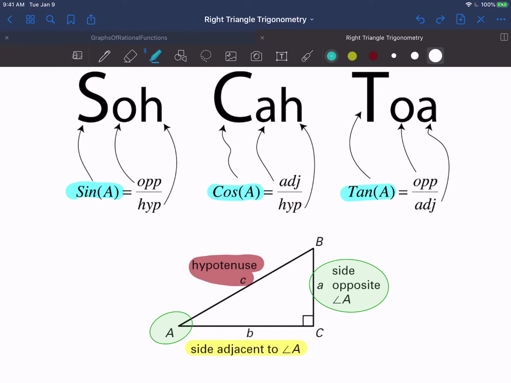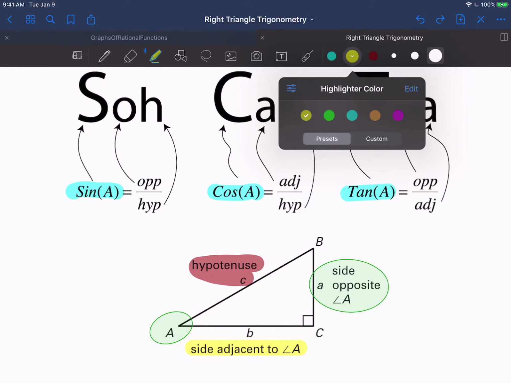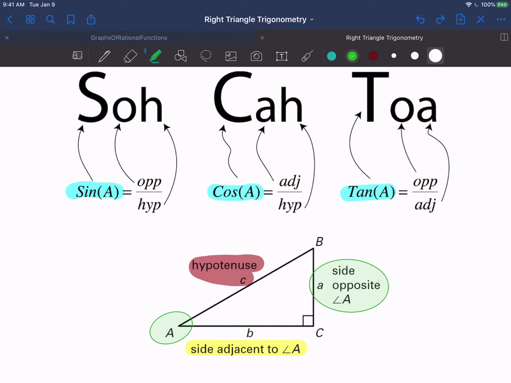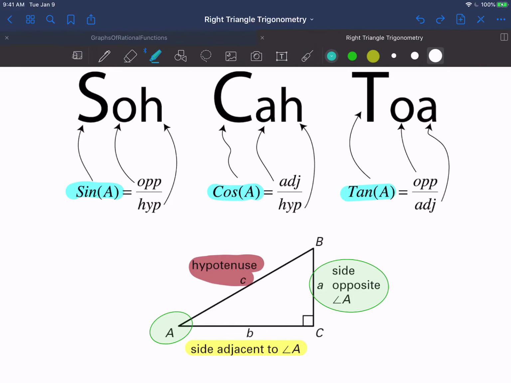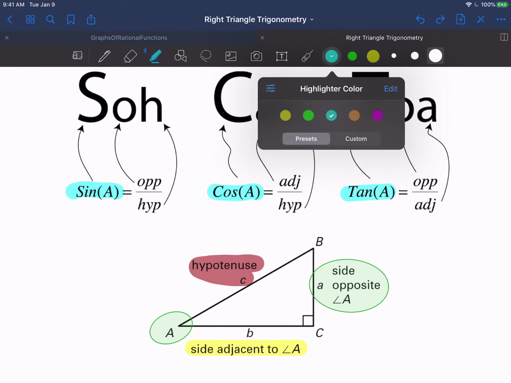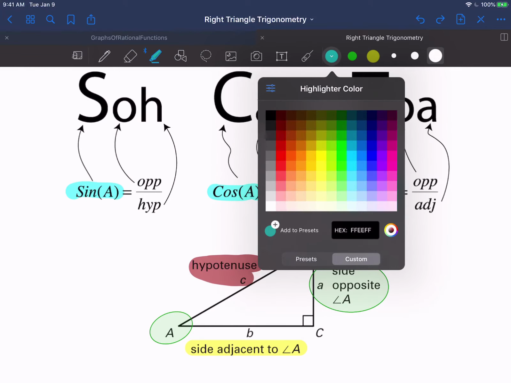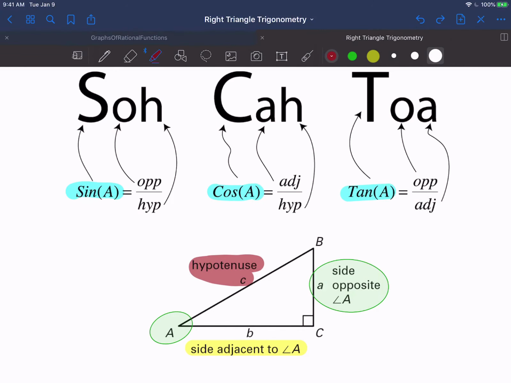You know, it would be kind of fun if I could pick out some highlighter colors that are somewhat consistent. All right, and now we'll go reddish on this one. All right, cool.